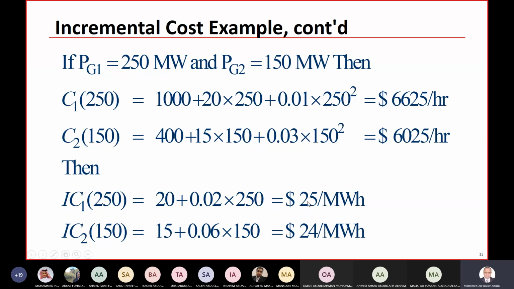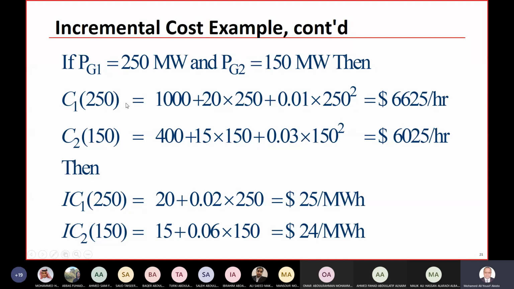So if you want to increase from 250 to 251, increasing the output power by 1 megawatt hour, it costs you $25 more. This is the physical meaning of the incremental cost.